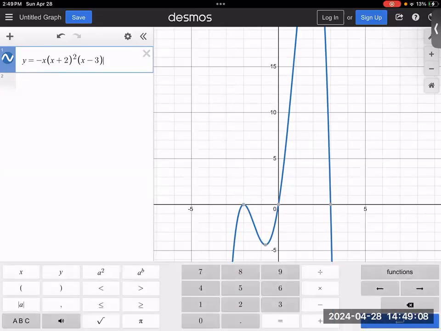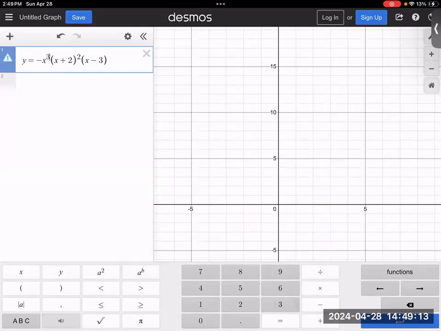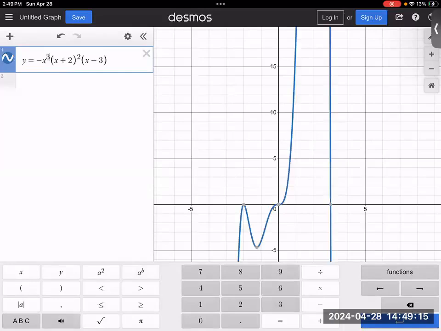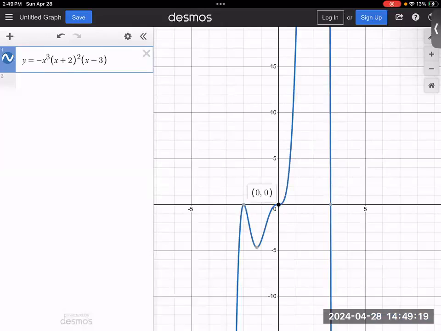Now let's say for this one I want a multiplicity of 3. Notice that it then starts to slide through the one that has your 0, 0. Just by changing that multiplicity to 3, it is now acting as a slide. So this one right here, 3, 0, has a multiplicity of 1, so you can see clearly it's passing straight through. 0, 0 is doing that little slide, and -2, 0 has that bounce shape.